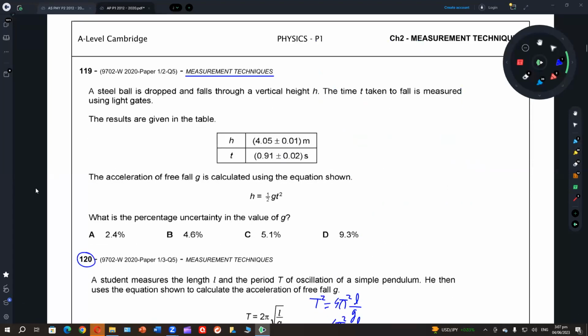A steel ball is dropped and falls through a vertical height h. The time t taken for the fall is measured using a light gate. The results are given in the table. The acceleration of free fall is calculated using the equation shown.